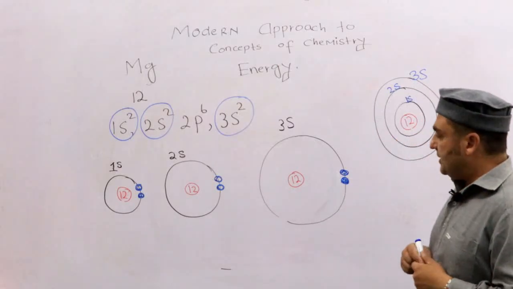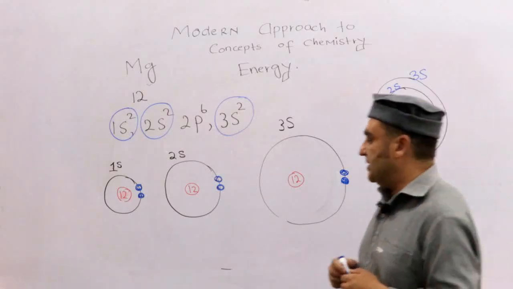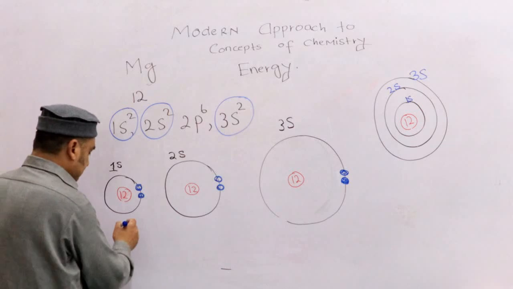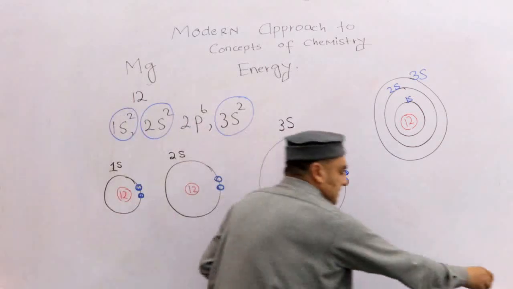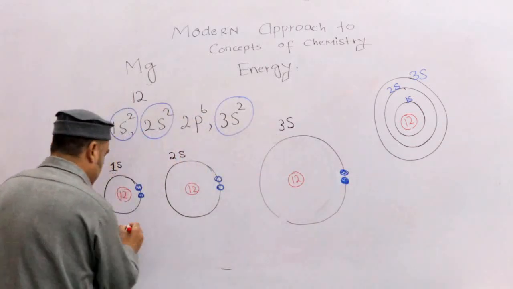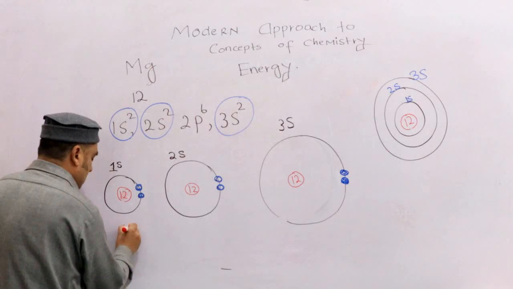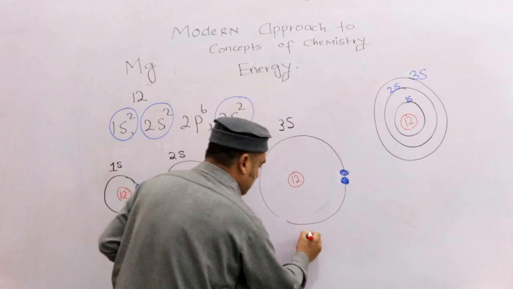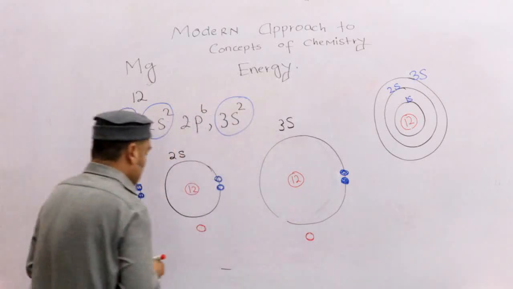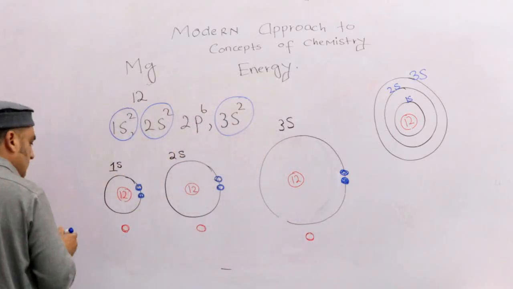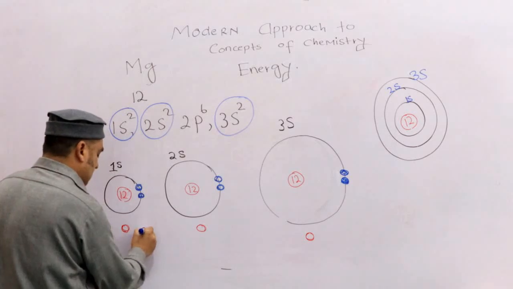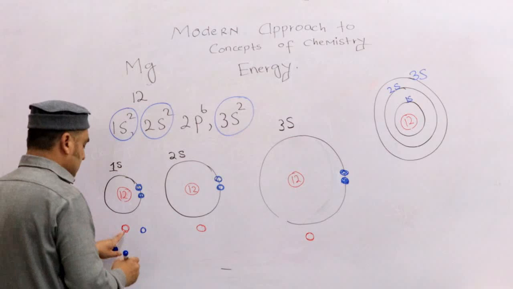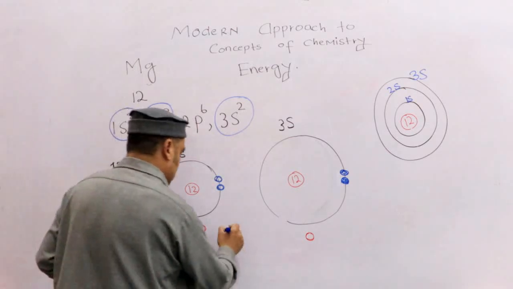Okay, so what I want to discuss is the energies. When you look at this, suppose I write the protons in red. These red balls are protons, okay, and the blue things are electrons. These are 12 protons and these are 2 electrons.